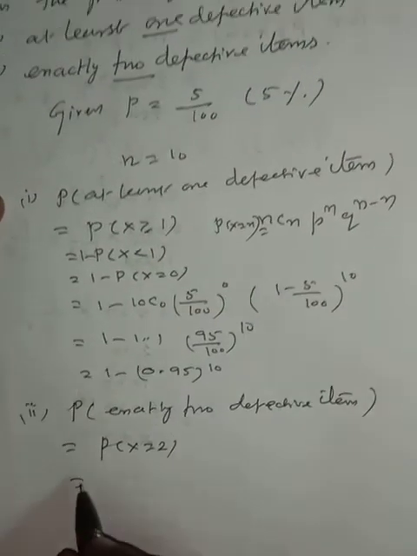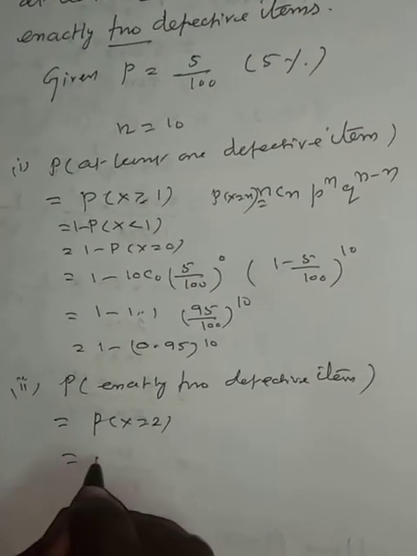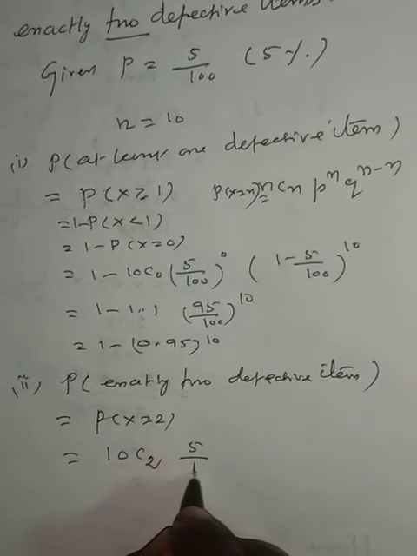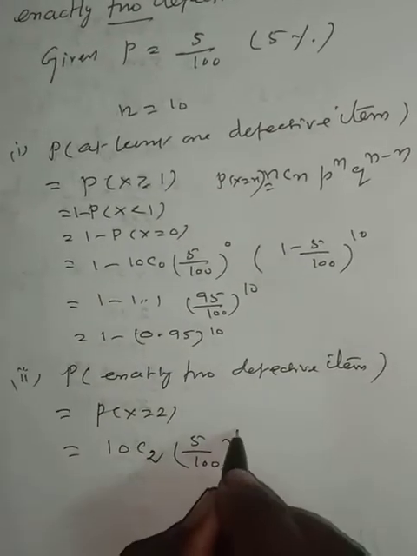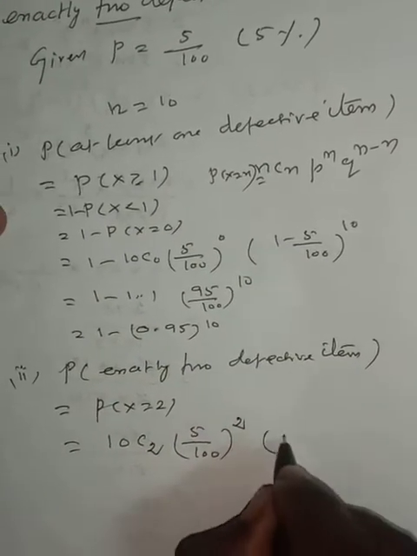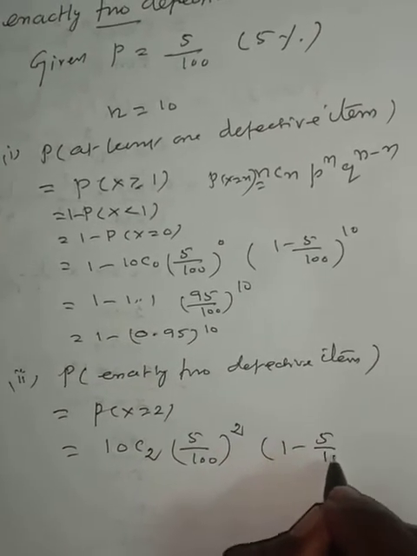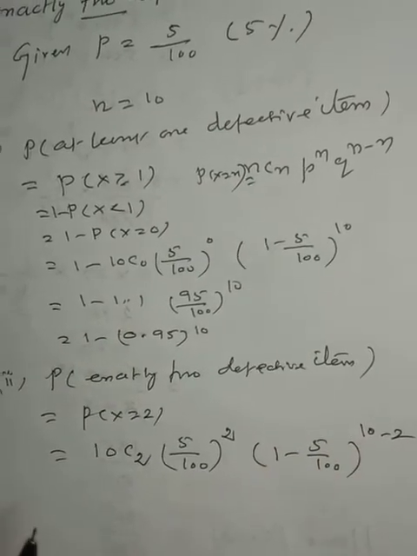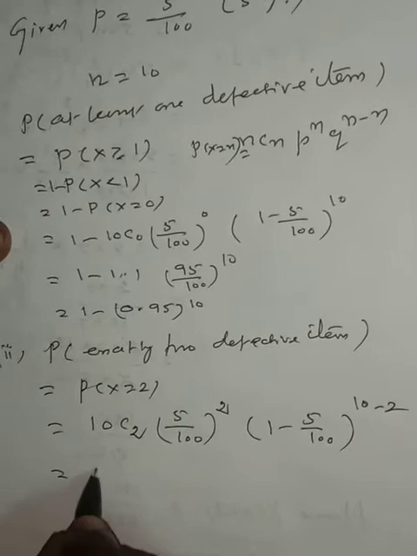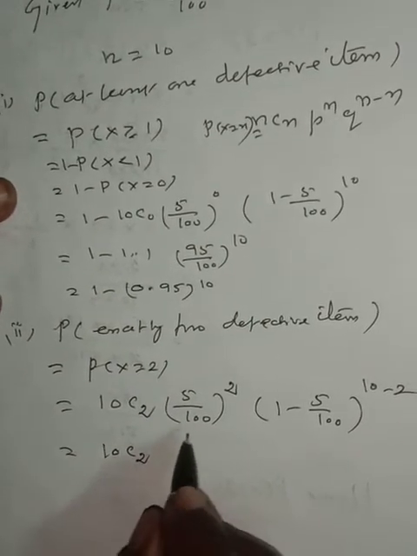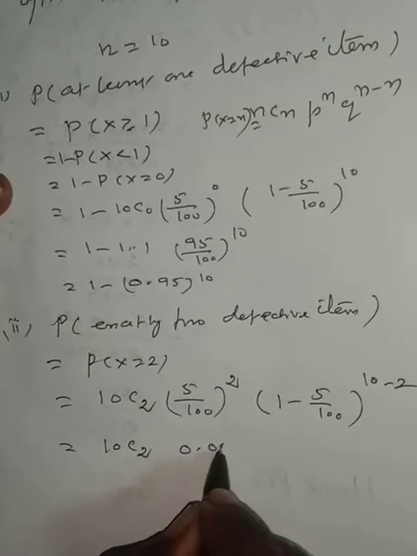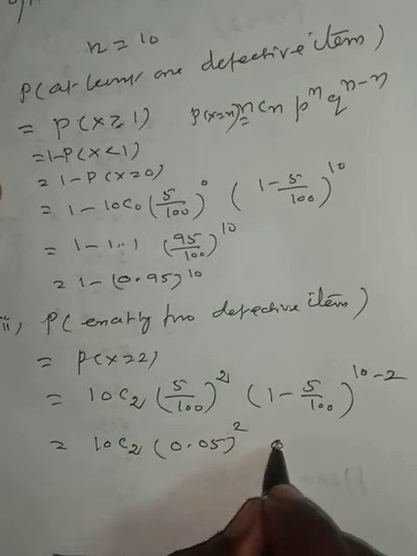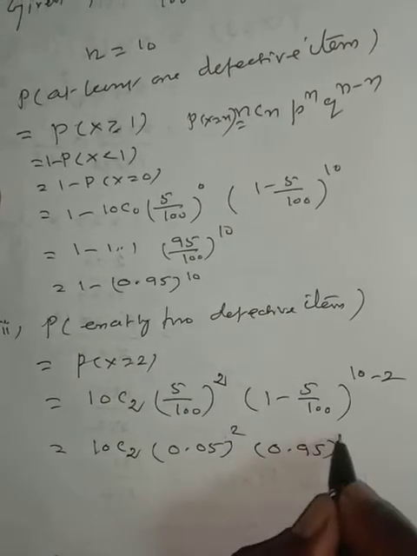Using the binomial expansion formula, 10C2, p is 5 by 100 whole to the power of 2, (1 minus 5 by 100) whole to the power of 10 minus 2, which is 10C2 (0.05) whole square (0.95) whole to the power of 8.